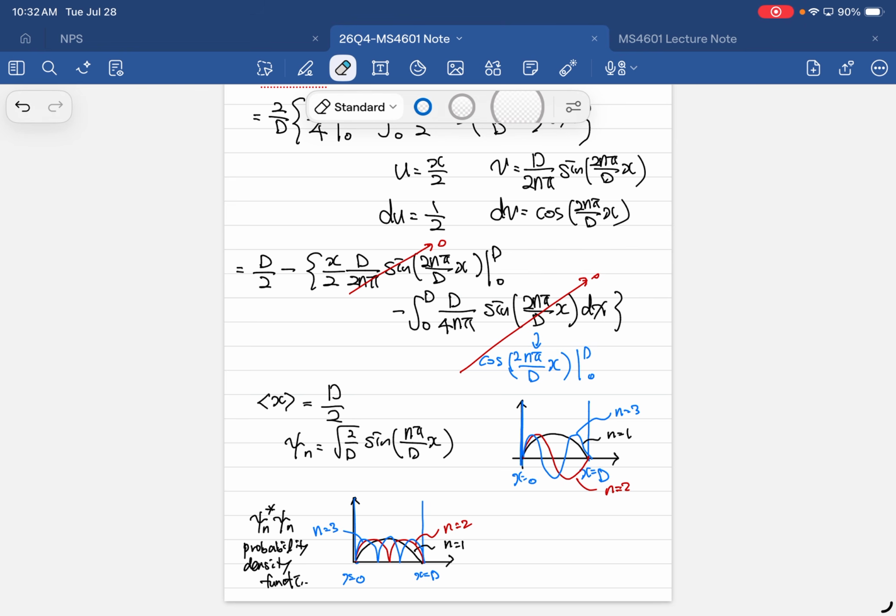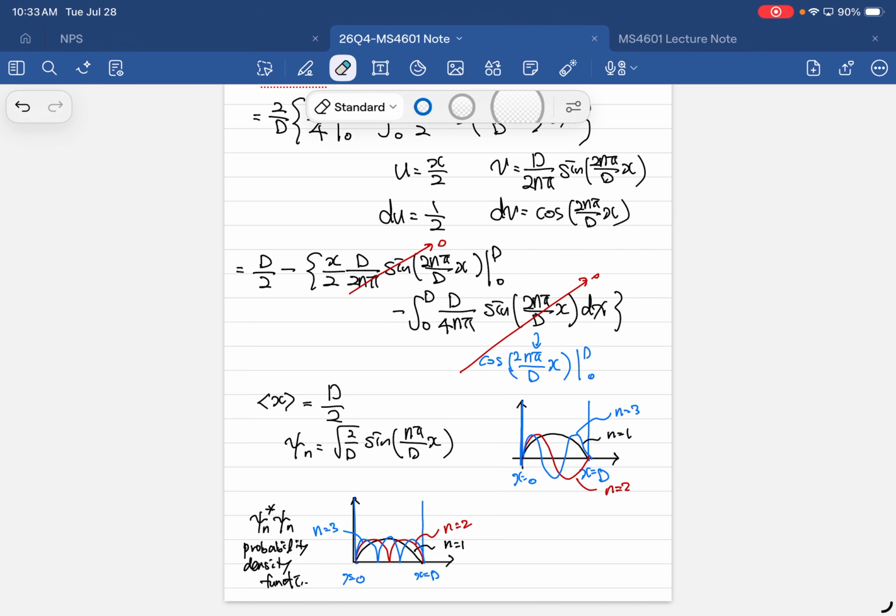For n equal to 1, the probability of finding this particle at the center point has this much value, and the probability of finding the particle at this point has this much value. It has a probability distribution, but when we take the average of that, it turns out it's right at the center. For momentum, it's a similar concept.